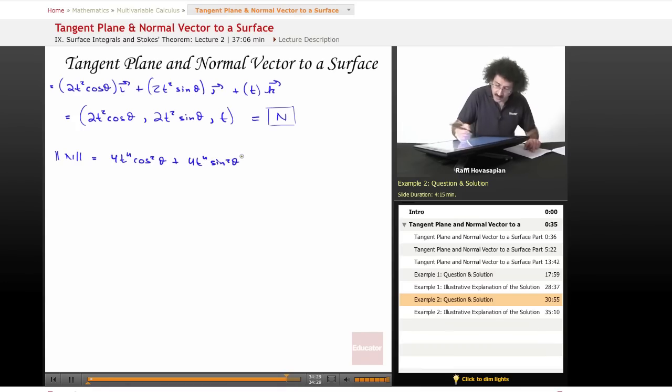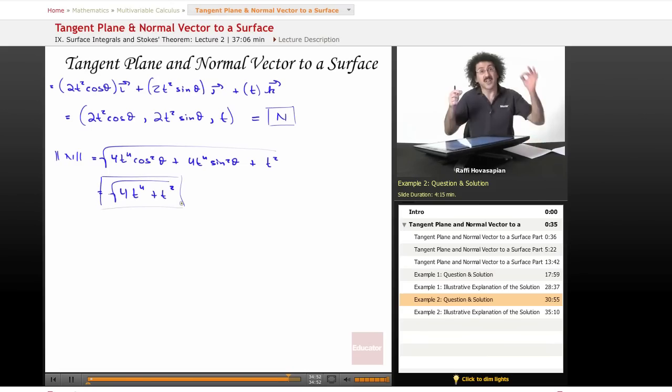And we like it when we see sine squared and cosine squared because that equals 1. I factor out the 4t to the 4th. I end up with the square root of 4t to the 4th plus t squared. This gives me the norm, the length of that vector at a particular value of t.